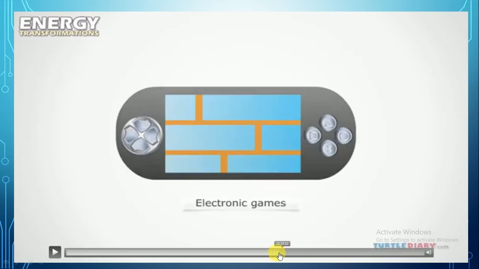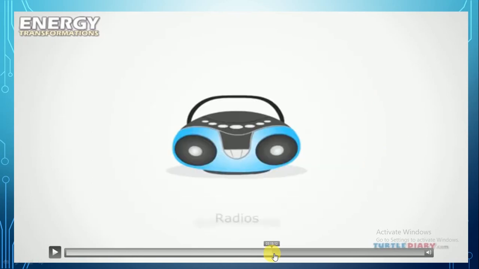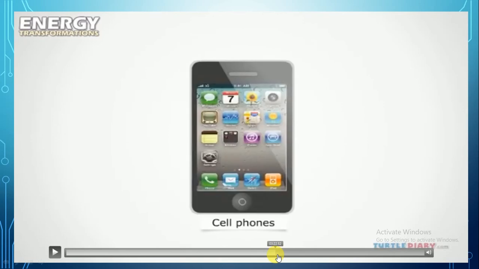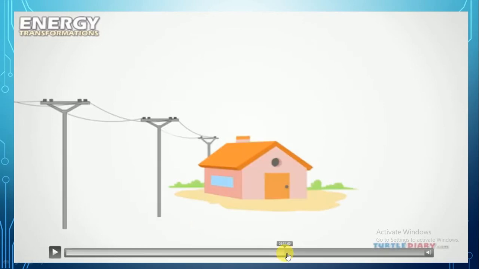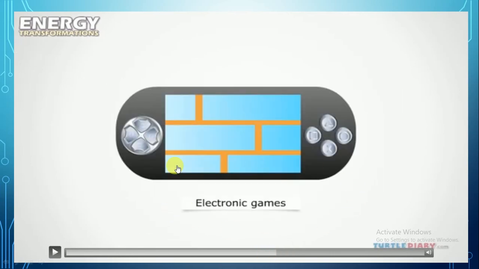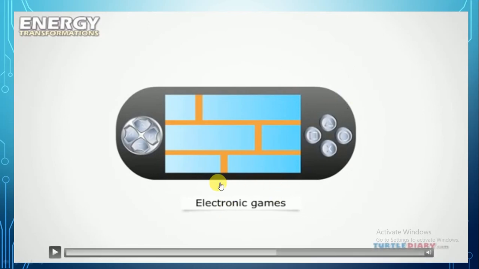And here in the cell phones, where is the cell phone? Yeah, okay, cell phones change electrical energy into light and sound energy. And inside electronic games, electric energy changes to maybe kinetic energy or light and sound energy.